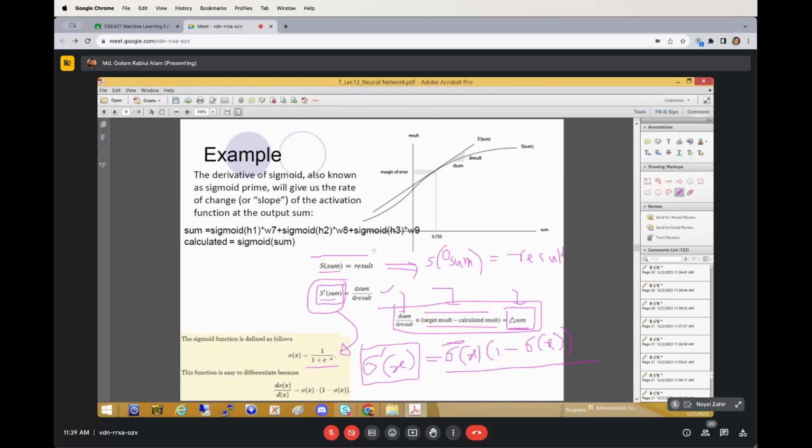We also applied the sigmoid function in our hidden units, so sigmoid of the hidden sum is actually our hidden layer results.